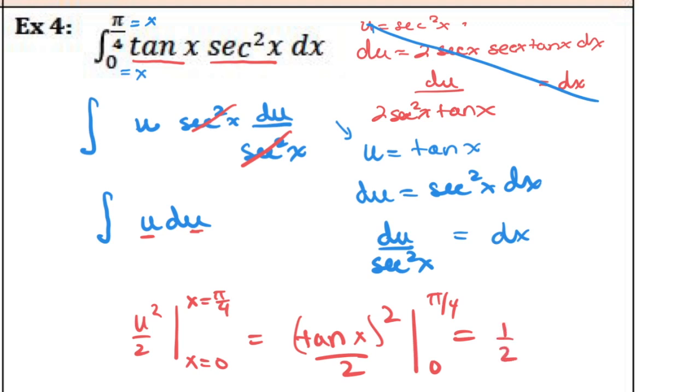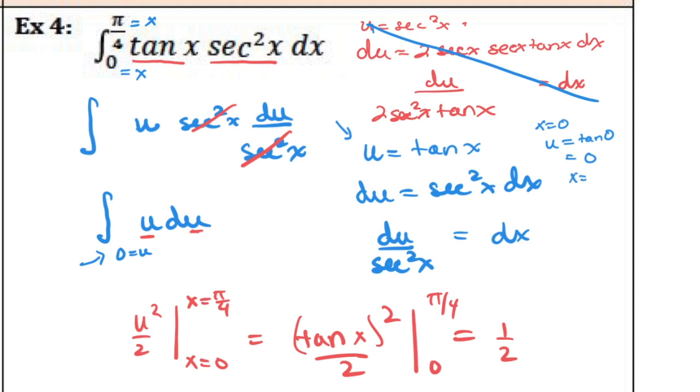Now, a second option is that we could keep the values of u in the problem, but replace them. Let's see here. When x equals 0, u was equal to the tangent of 0, which was 0. So this new 0 is a u value.